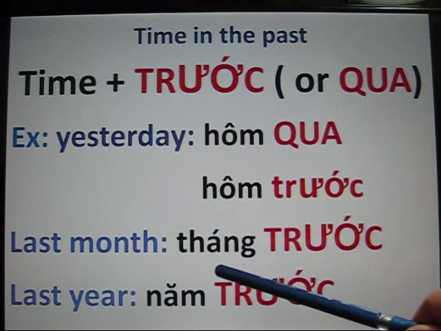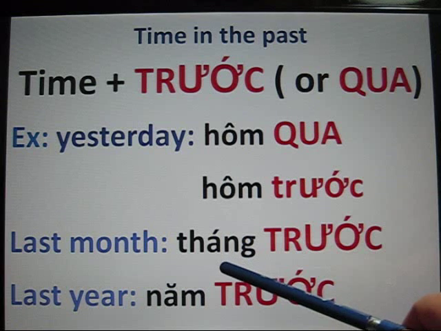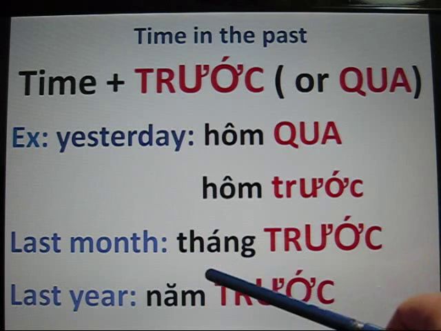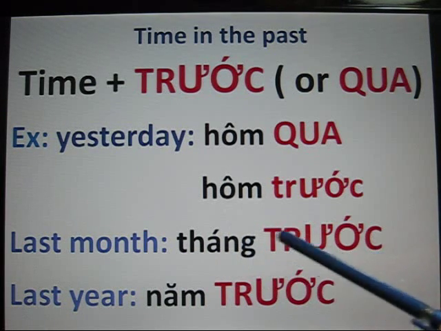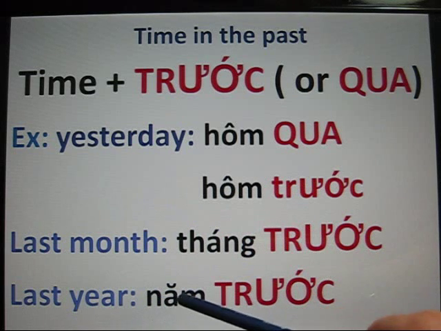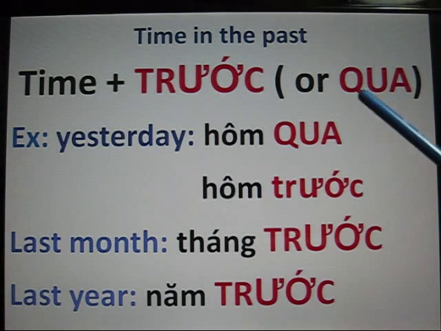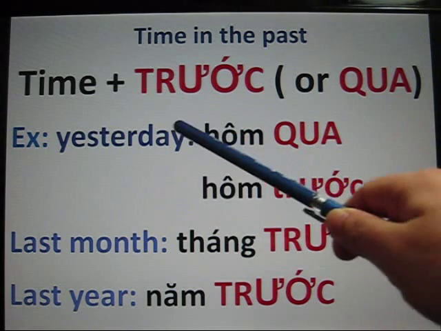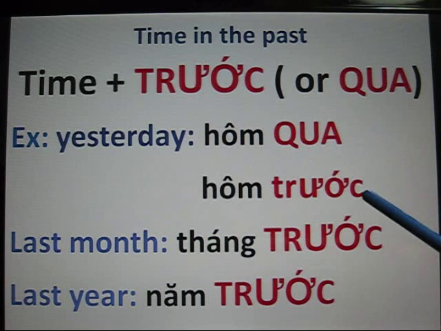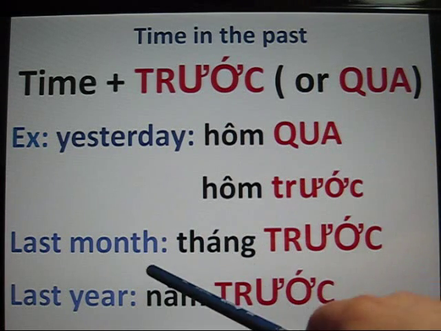Month is tháng, we already studied it. Tháng trước. And last year is năm trước, but don't use the word qua for tháng and năm. Qua is just used for hôm, like hôm qua, hôm trước, but don't use it for month and year.